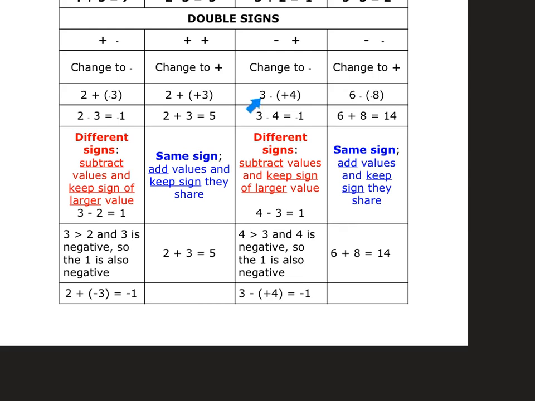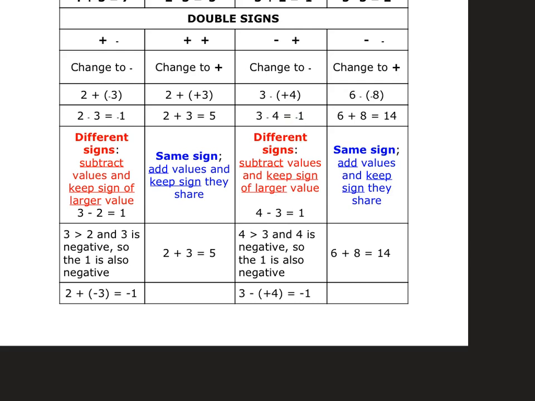This example, 3 minus +4, the double signs of minus a positive is going to change to a subtraction sign. So 3 subtract 4 will equal -1. +3 and a -4 are different signs, so you subtract the values, and that's where the 1 comes from, and keep the sign of the larger value. The 4 is larger, which is negative, so that's why your answer was negative.